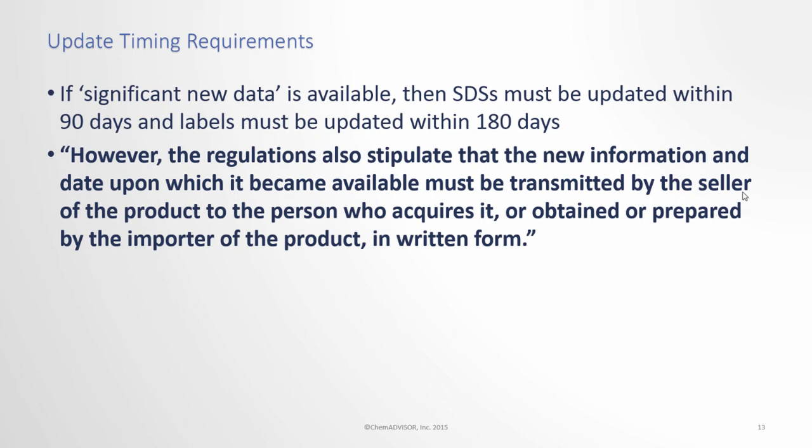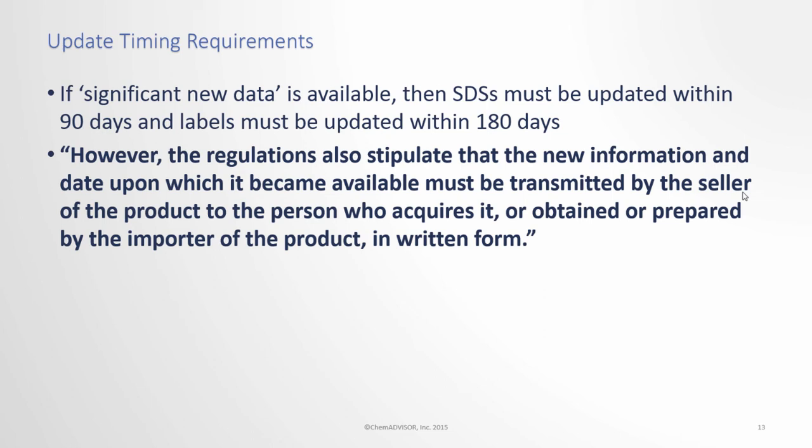Now the next bullet I put in bold because this is what HPR states, but the US does not state the same thing. However, the regulations also stipulate that the new information and date upon which it became available must be transmitted by the seller of the product to the person who acquires it, or obtained or prepared by the importer of the product in written form.